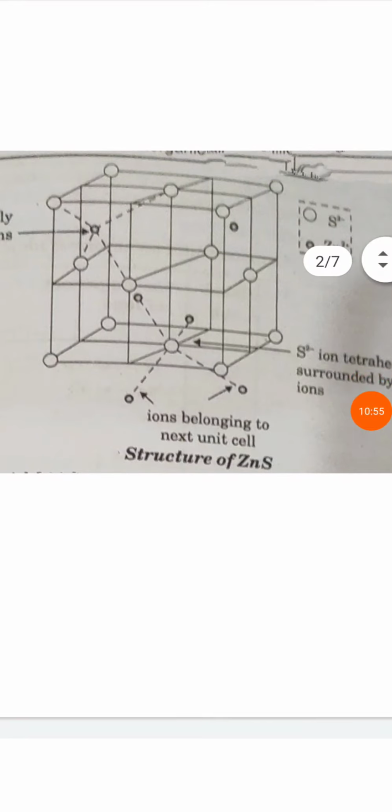And zinc ions are represented by the dark circles. They occupy half of the tetrahedral sites. That is because the stoichiometry is 1:1, so not all the tetrahedral sites are occupied, only half of the tetrahedral sites are occupied.